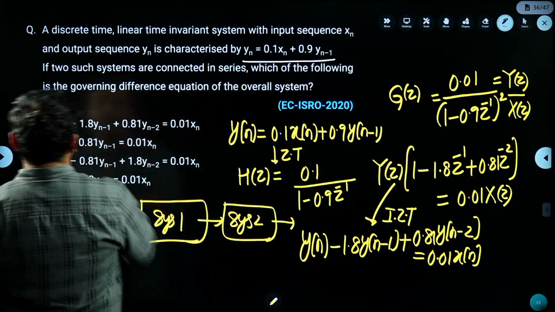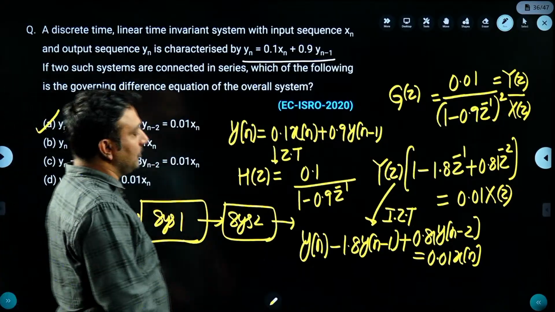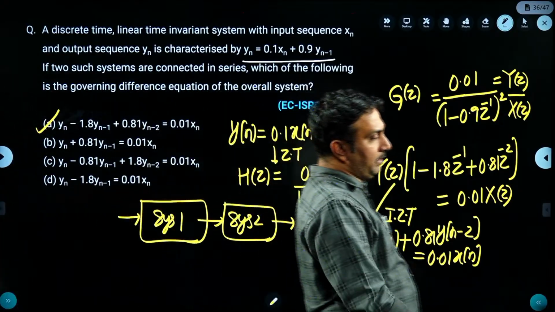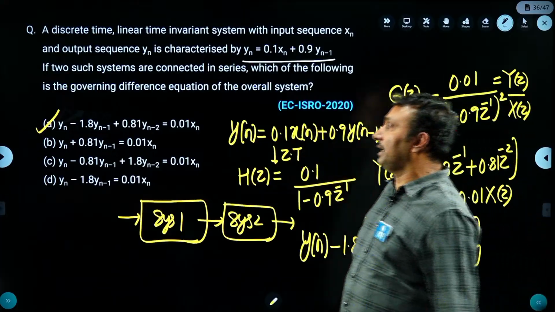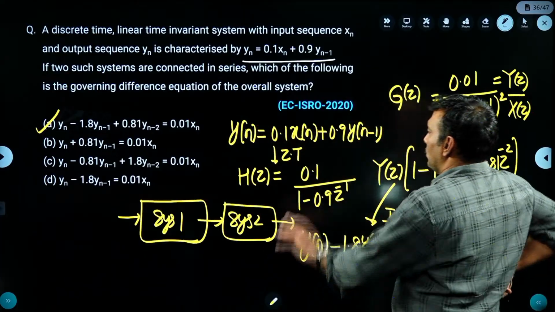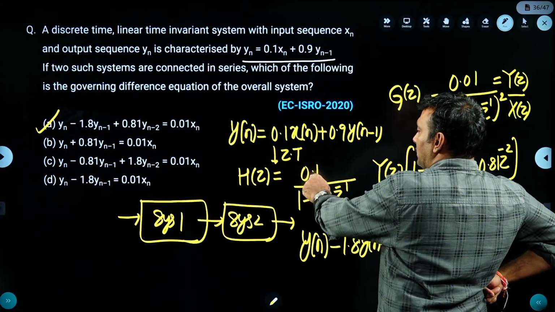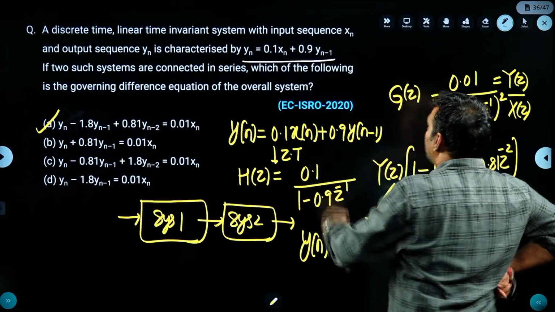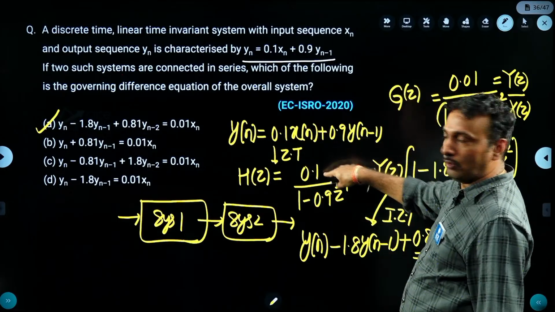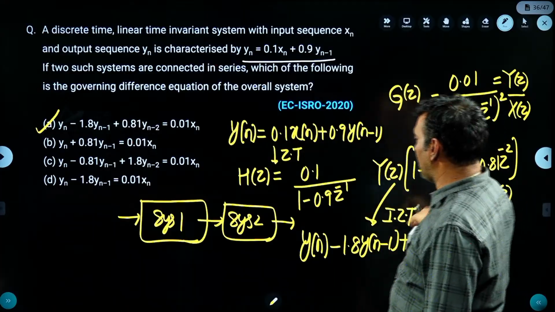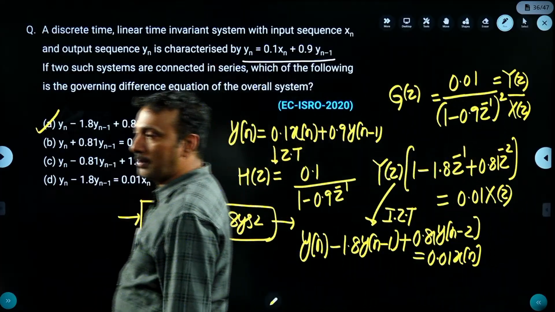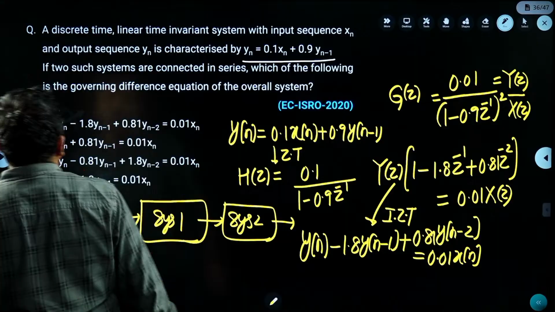Option A. It is stated that two such systems are connected in series, so in the transform domain it is a product, this multiplied by the same term. So 0.1 whole squared is 0.01, and expanding the denominator and cross multiplying forms that difference equation.